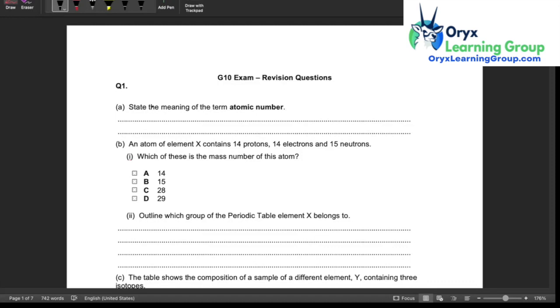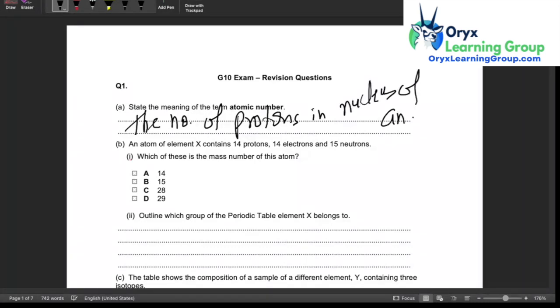Is it the number of protons? Correct. Very good. So atomic number is basically the number of protons in the nucleus of an atom. When you have to write the meaning, you have to say the number of protons in the nucleus of an atom. So this is the right way to answer this question.